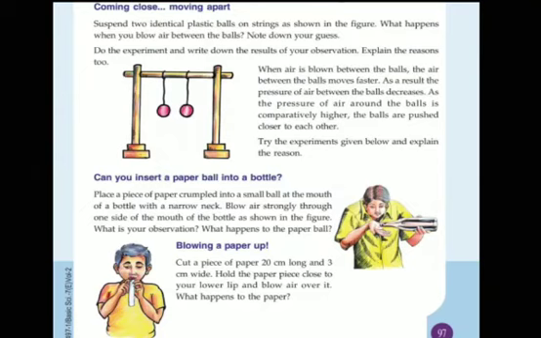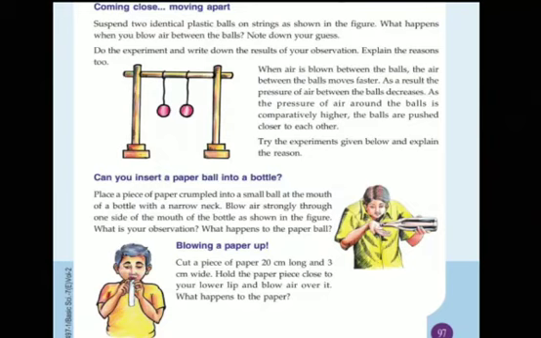Now, look at the next experiment. You have to place a piece of paper crammed into a small ball at the mouth of a bottle with a narrow neck. And you blow air strongly across one side of the mouth of the bottle, as shown in the figure.